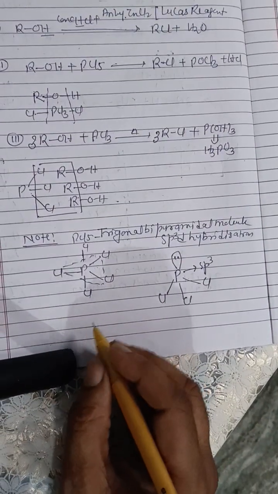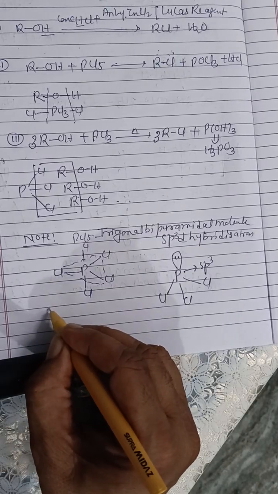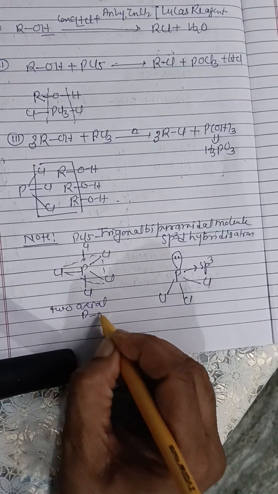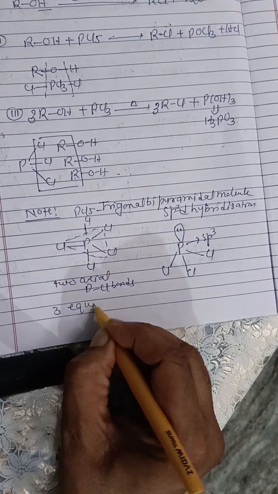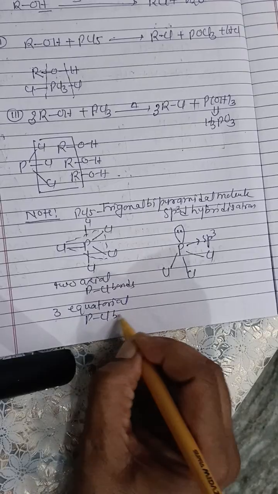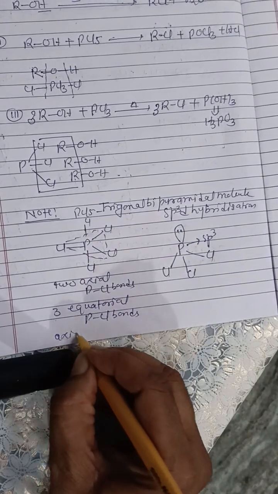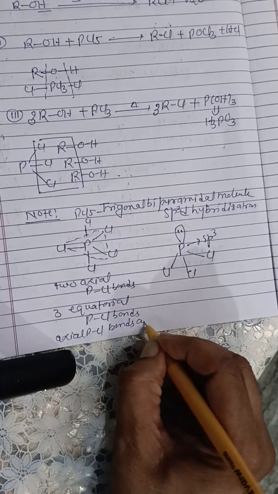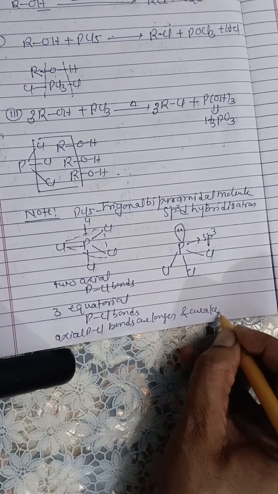In PCl5 there are 2 axial PCl bonds, 3 equatorial PCl bonds. So axial PCl bonds are longer and weaker.